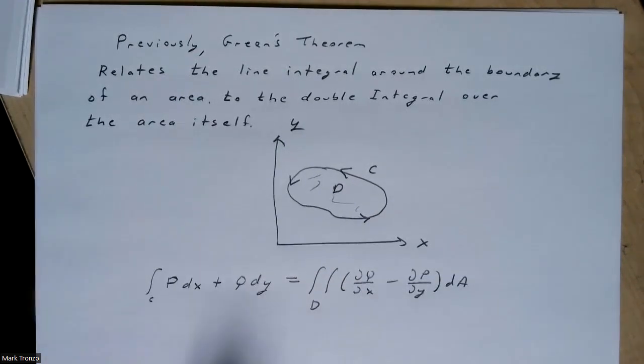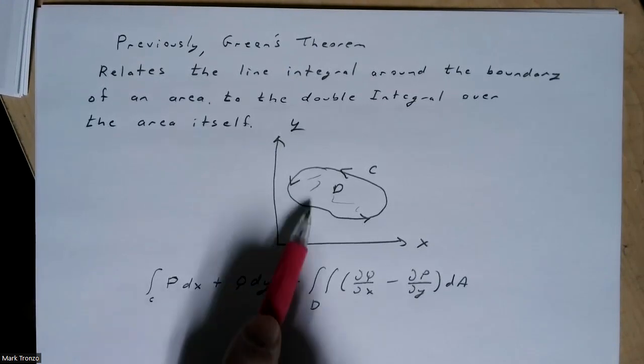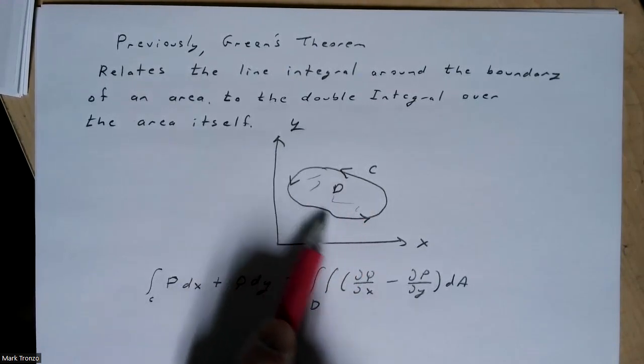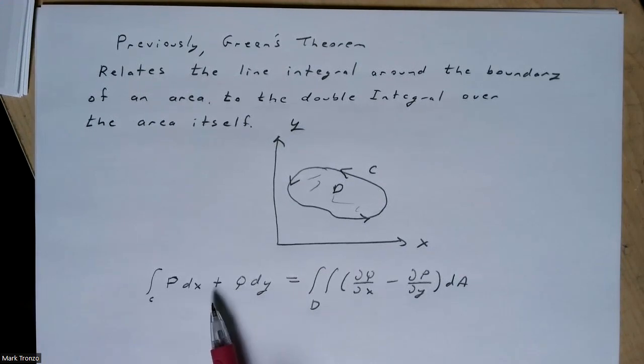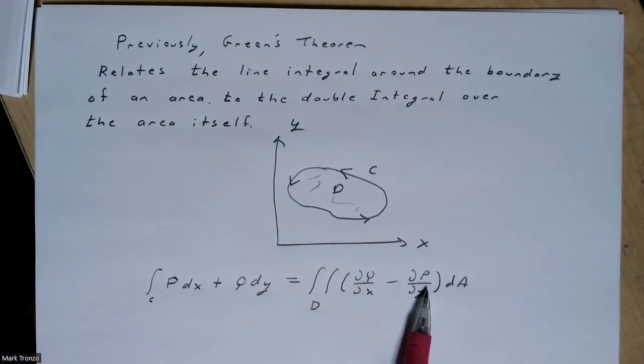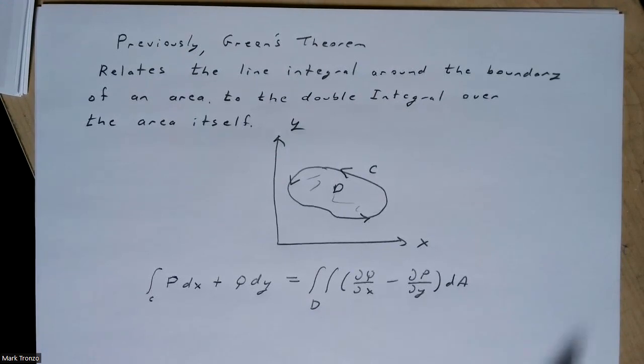In other words, the integral around this boundary is equal to the double integral over this area inside the boundary. And then the integrand for this, if this is P dx plus Q dy, this is dQ/dx minus dP/dy, the partial derivatives of each of those.